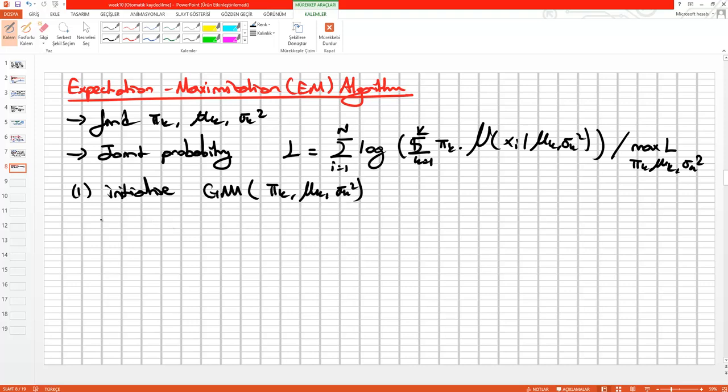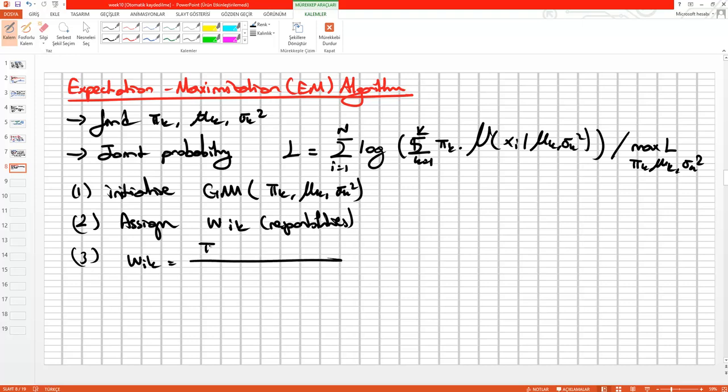Okay. After that, we should assign a new variable in here. Assign vik, the responsibilities. This is the generic form, but these responsibilities mean that vik is equal to pk times N of xi given mu k and sigma k square, over the total over all classes, the sum over j of N of xi given mu k and sigma k.